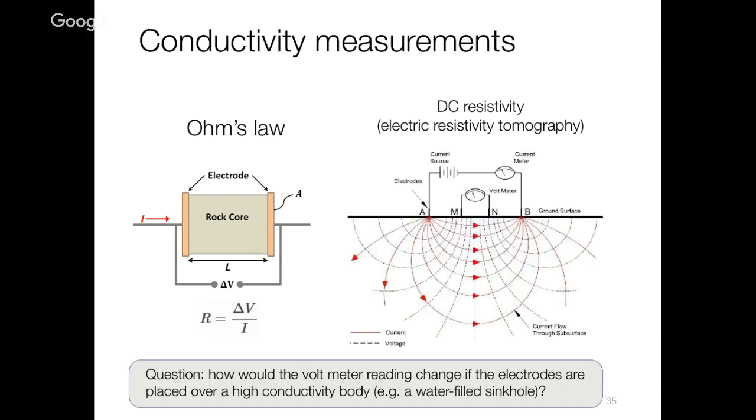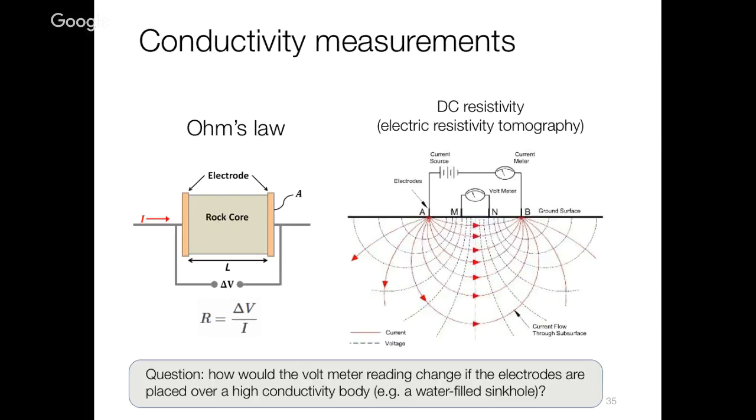Maybe a question is, if you took something like this, and suppose you had a region under here that was a highly conductive body, or maybe a sinkhole that was filled with salt water, and you measured the voltage, what do you expect the voltage would be?